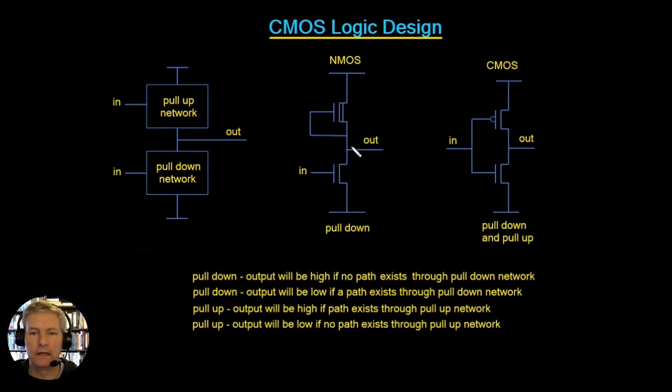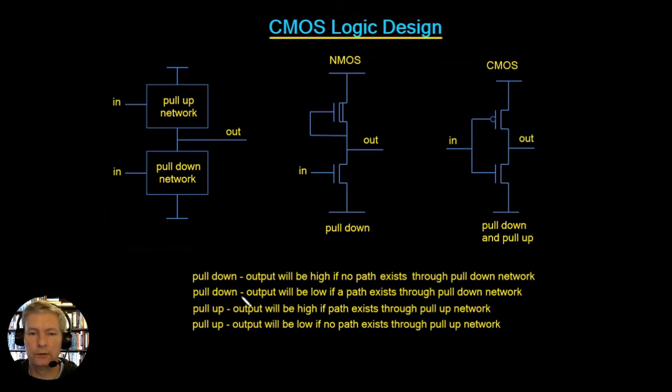If we don't have any path down through here, then this point here won't be connected and it will sit high. Alternatively, for the pull down network, the output will be low if a path exists through the pull down network. If there is a path down through this network, this point here will be pulled low. So that's how our NMOS device works.